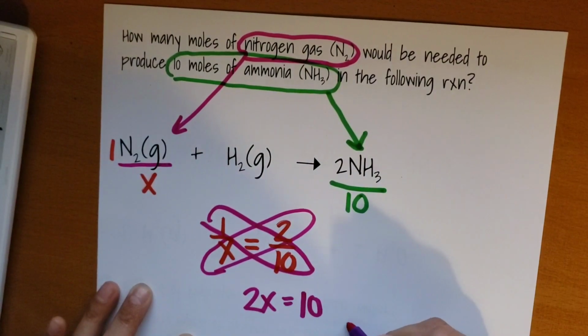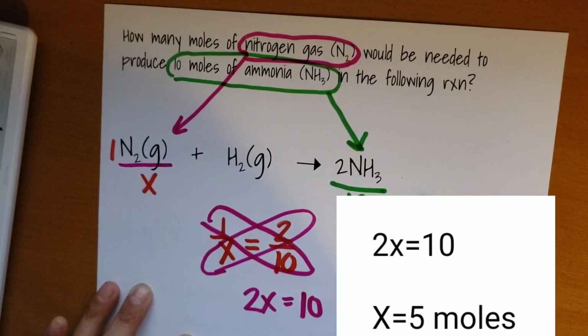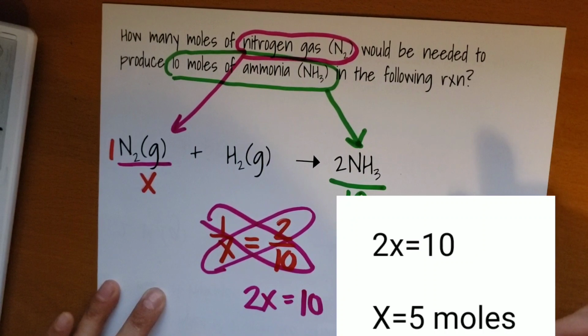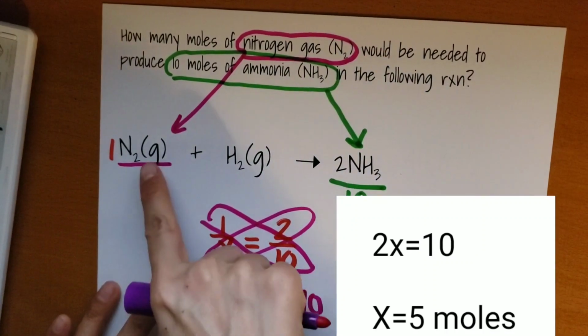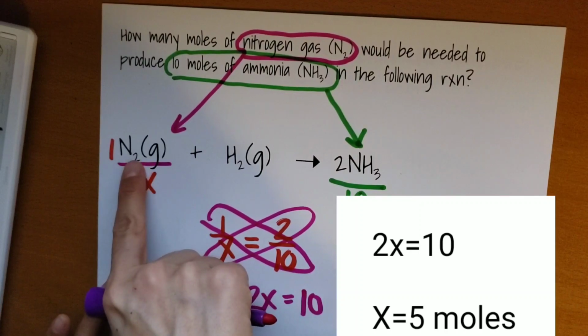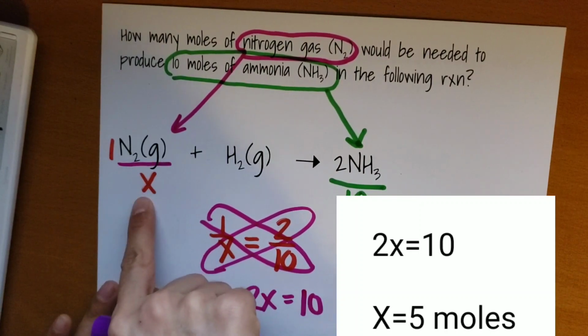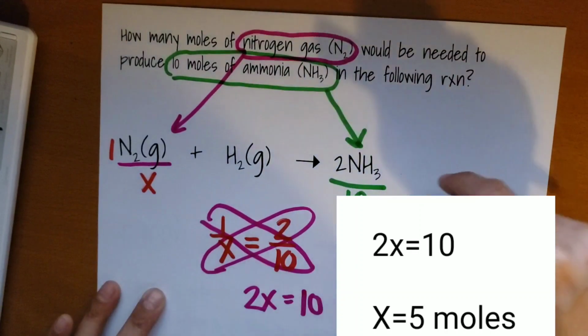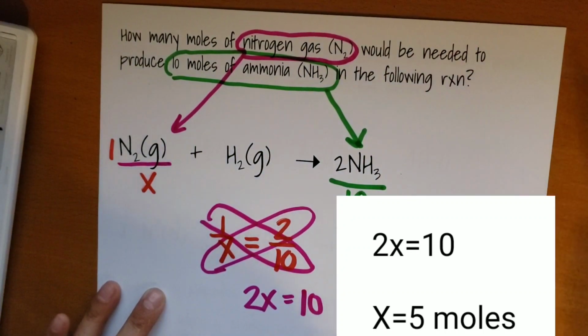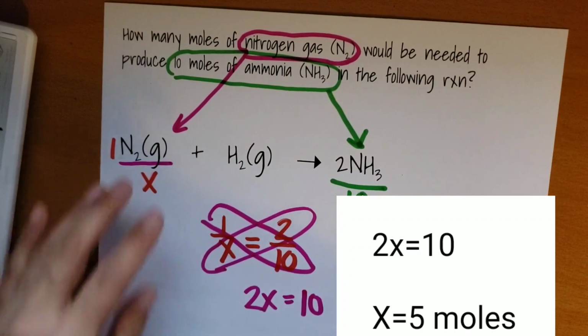Solving, by dividing by 2 on each side, I can see that X equals 5 moles of nitrogen gas. Notice that my fraction for the nitrogen has the nitrogen from the question and the X because I'm looking for nitrogen. And everything in this fraction describes the ammonia.